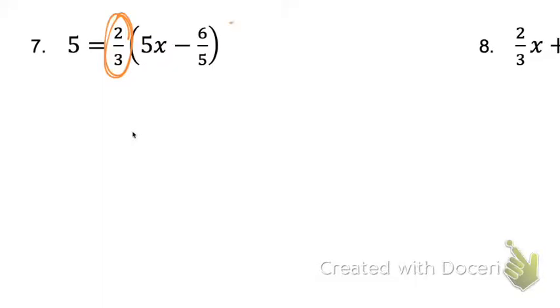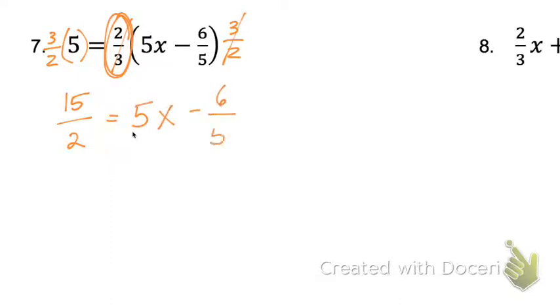So if I did 3 over 2, this goes away. Then I get 15 over 2. So I still have a fraction. But I like that. Now I could multiply by what? 10.